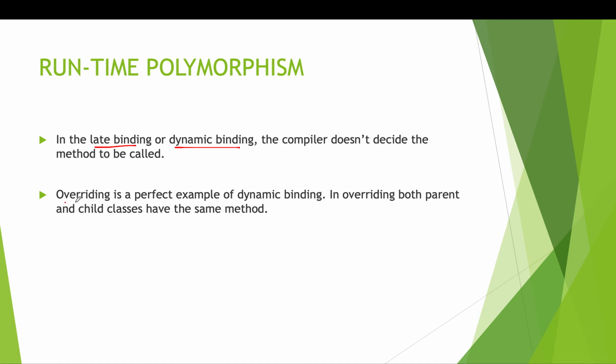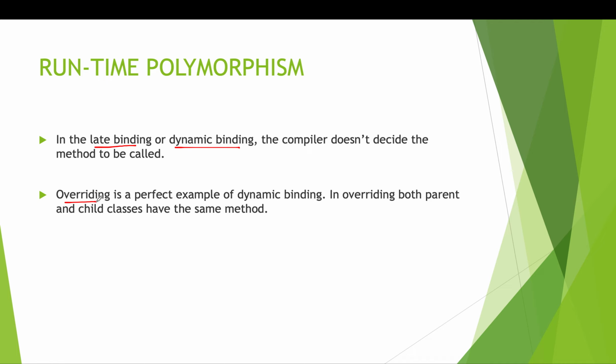Now overriding. In runtime polymorphism, the concept is function overriding. Just remember there are two things. Function overloading is when you have multiple functions with the same name, and it comes under compile time polymorphism.